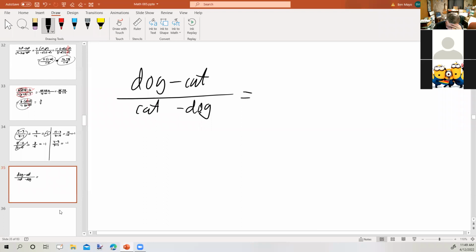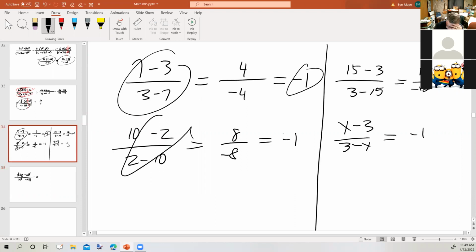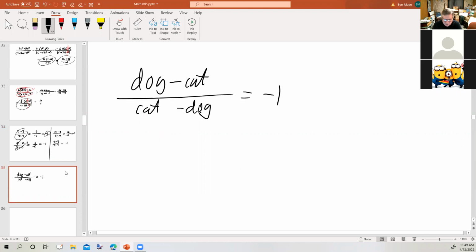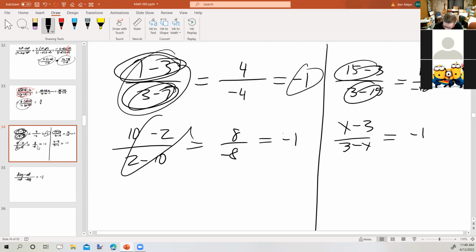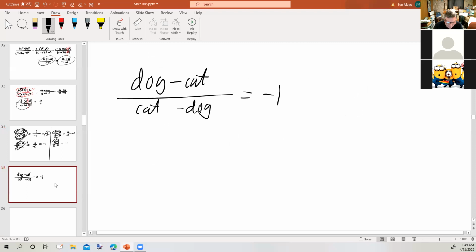No, it's not 1. It's -1. You seeing it? So basically, in all these cases, the numerator is the opposite of the denominator, even this. So a number divided by its opposite is -1.